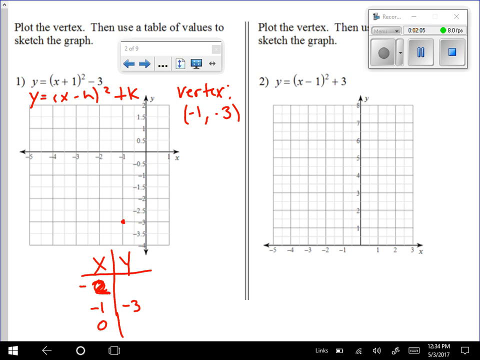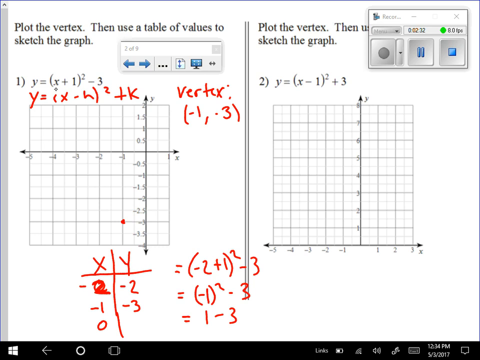Okay, so if I plug -2 into my function, I'm going to get (-2 plus 1) squared minus 3. So that would be (-1) squared minus 3, which would be 1 minus 3, which would be -2. I want to make sure zeros are going to be the same thing, because they should be, because -1 should be our axis of symmetry, so they should be symmetrical on either side.